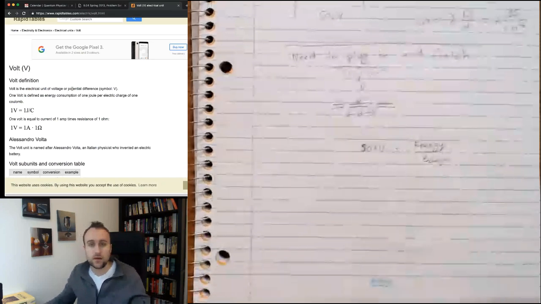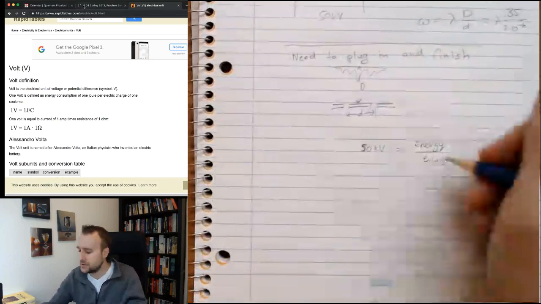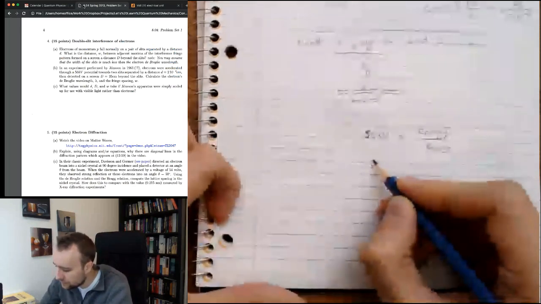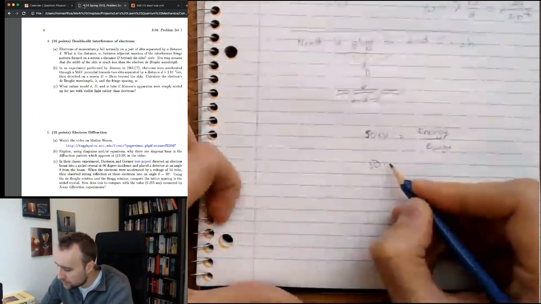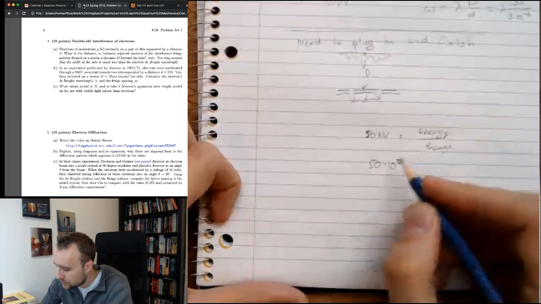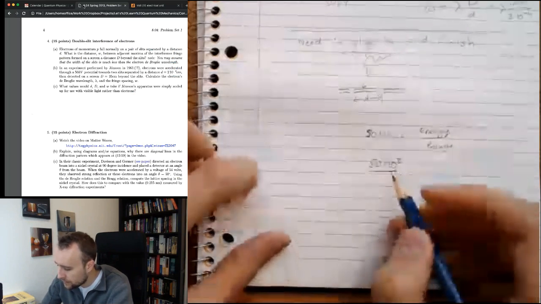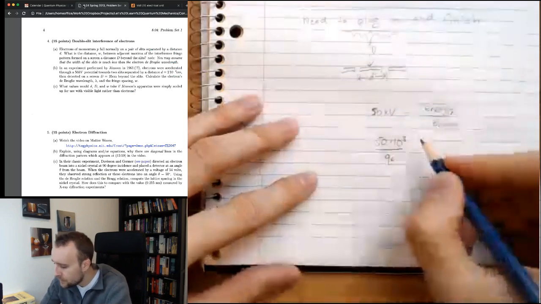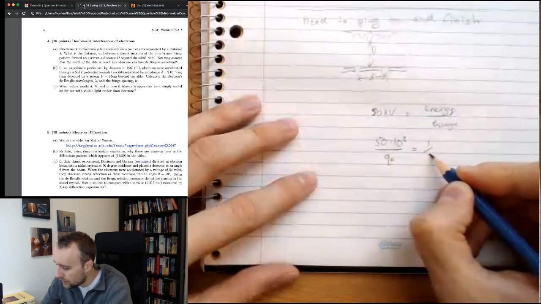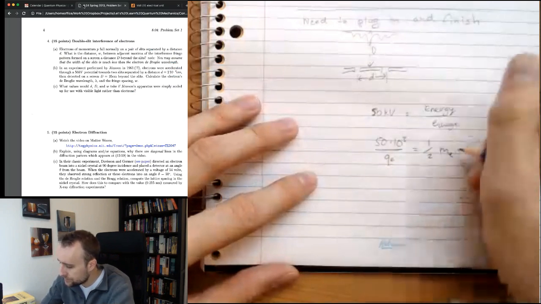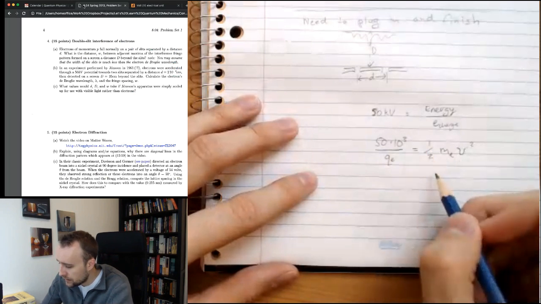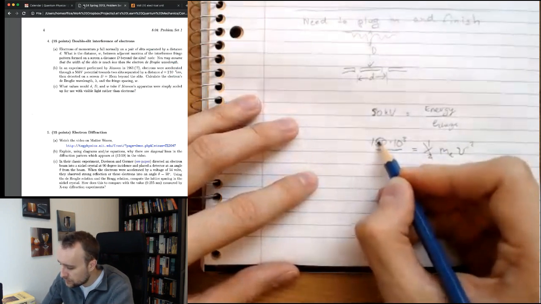So if we have energy divided by charge, this is going to be 50 times 10 to the 3 volts, and that's equal to 1/2 mass of electron times v squared divided by the charge of the electron. So we just multiply everything by 2.